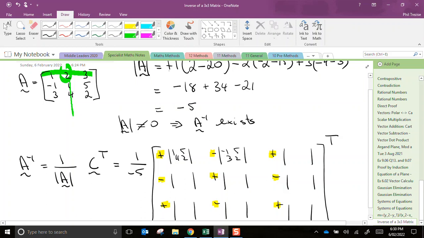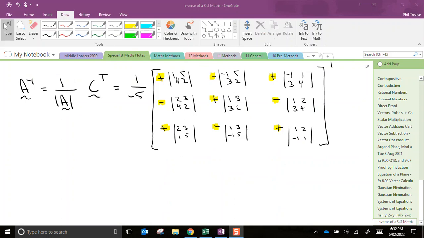Now let me just pause for a moment while I finish typing all this in. So there's all of the 2 by 2 minor matrices. So we end up with 1 over 5.